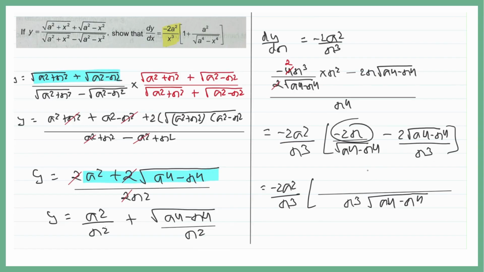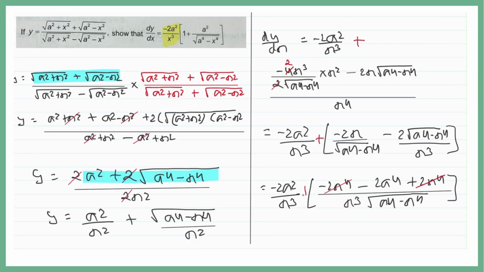Multiplying this, we get negative 2x⁴, and the other multiplied by this, the under root gets cancelled, so this is 2 times a⁴, and negative into negative is positive, so it's positive 2x⁴. In this way, the negative and positive 2x⁴ get cancelled. But we can see that there is a plus sign there.